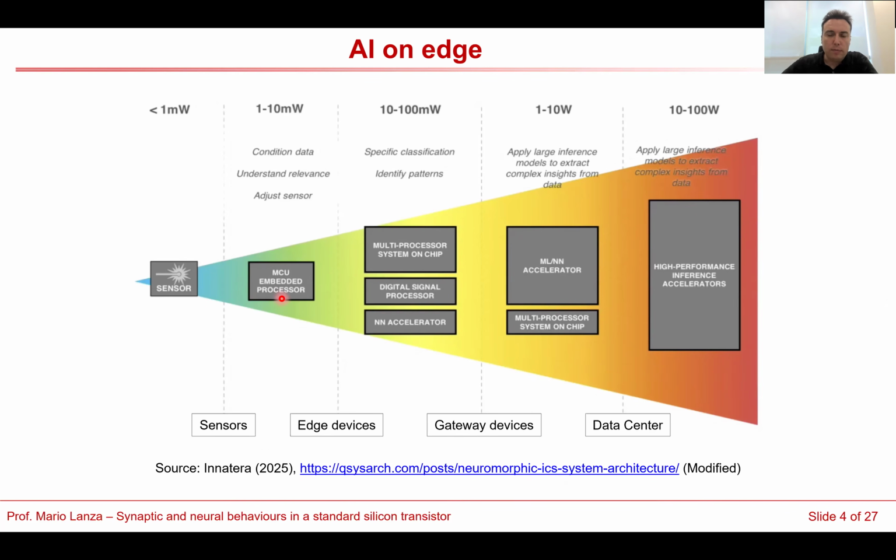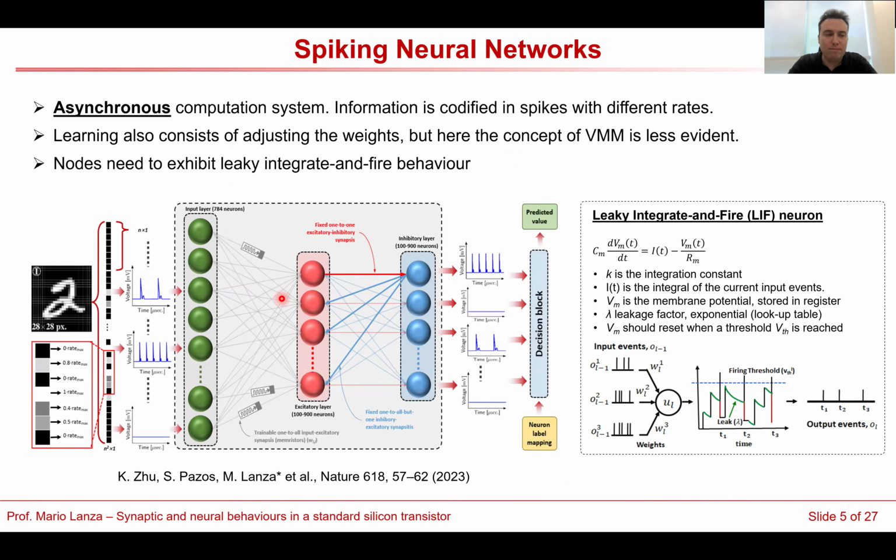So one of the most attractive electronic circuits to implement artificial intelligence is spiking neural networks. It is inspired by the way in which biological brains compute information. So these are asynchronous systems in which the information is codified in spikes with different frequency. The learning consists of adjusting the weights in the neural network.